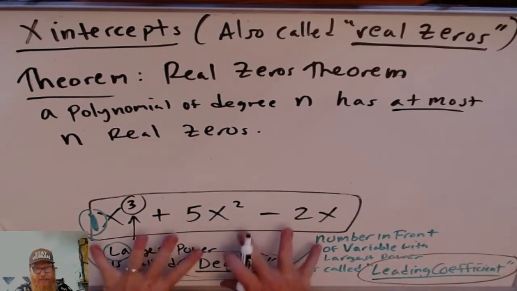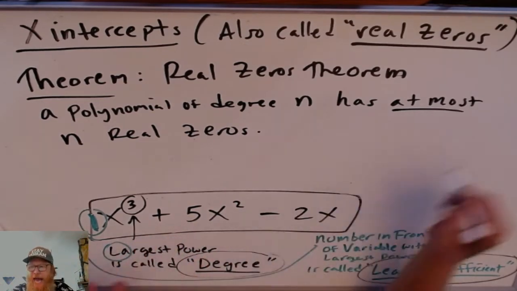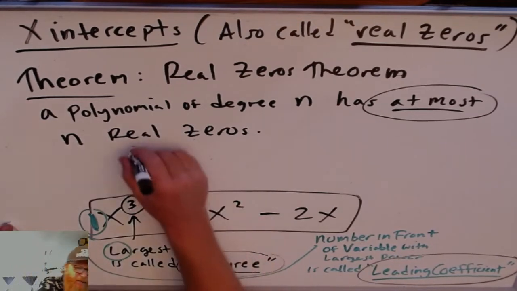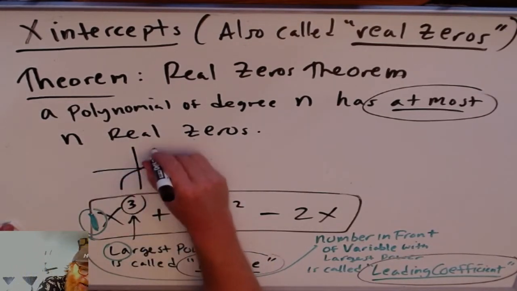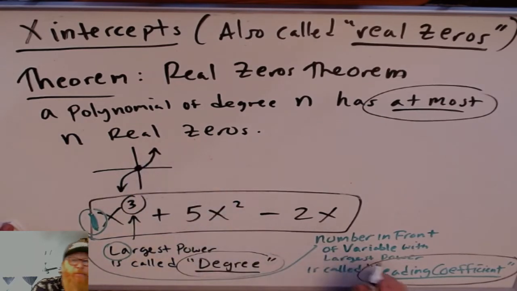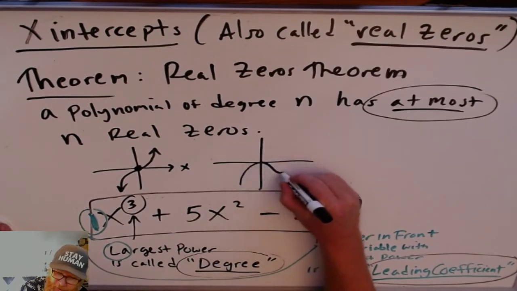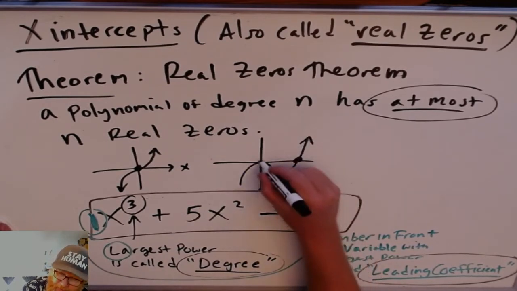So this particular polynomial has at most n real zeros. So what does that mean? That means that it could cross the x-axis one time. It could cross two times.